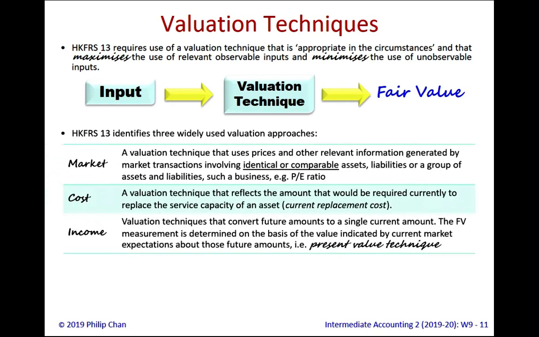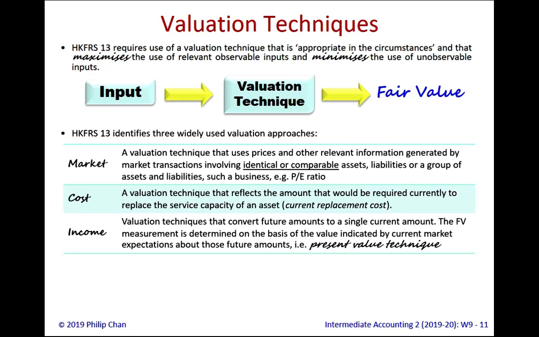Okay, so what kinds of techniques were we given under Hong Kong FRS 13? There were three. Number one, market technique. A valuation technique that uses the prices and other information generated by market transactions involving identical or comparable assets, liabilities, or a group of assets and liabilities such as a business, or even, in the case of ratios, price over earnings ratios.